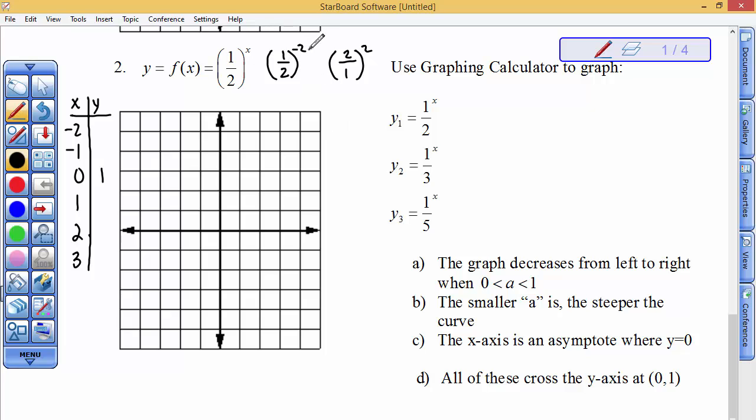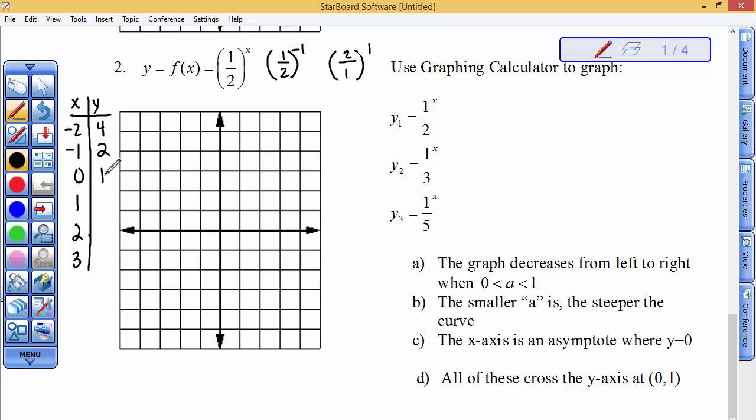So 1/2 to the negative 2 is 2 squared, or 4. And 1/2 to the negative 1 is 2 over 1 to the first power, or 2.